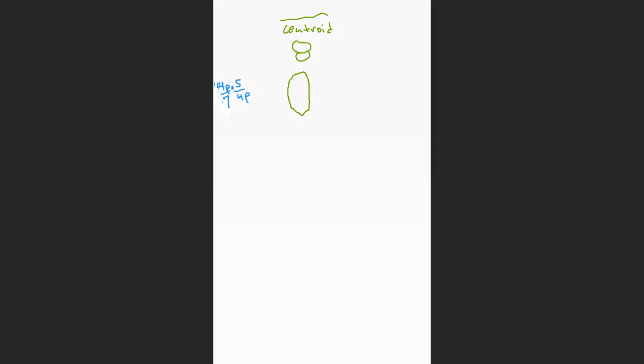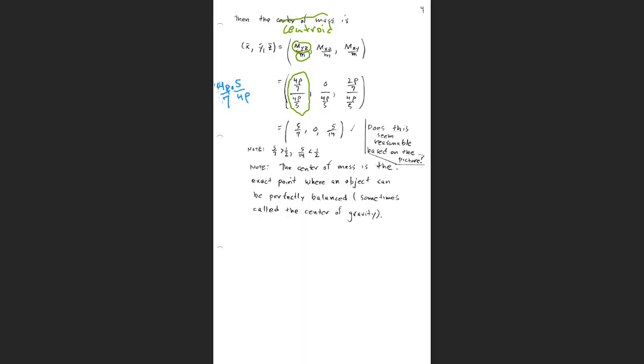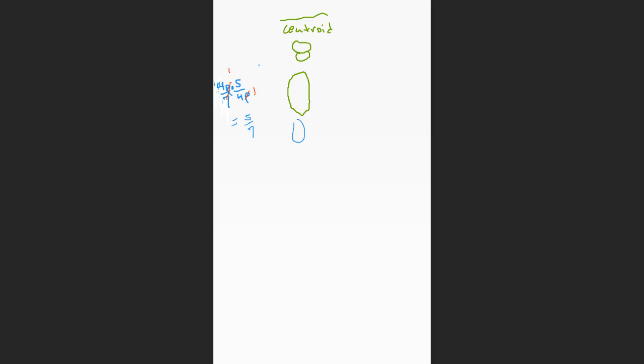The rhos simplify out, and you get 5/7. And 5/7 is greater than a half, as it should be.